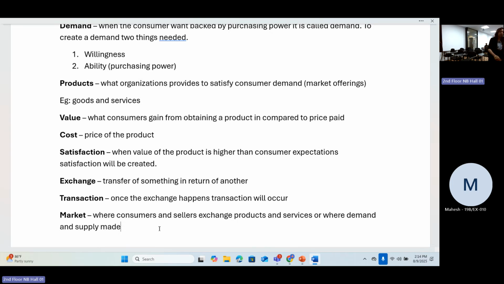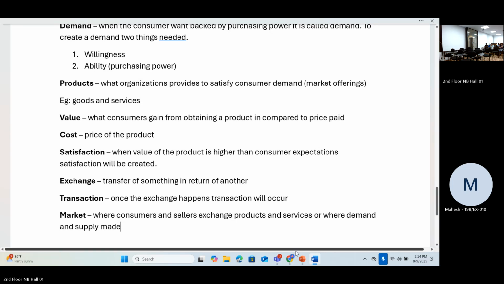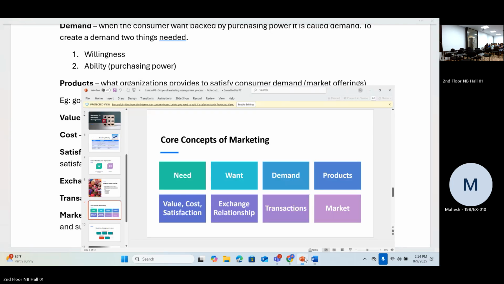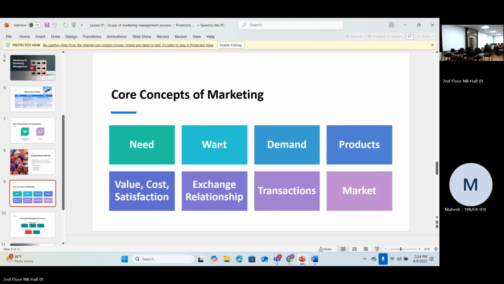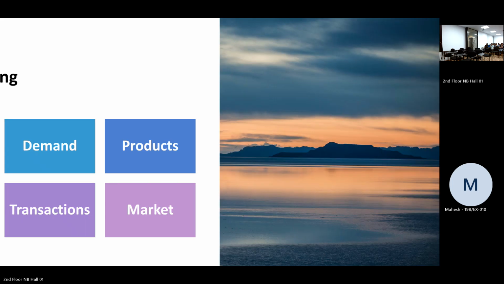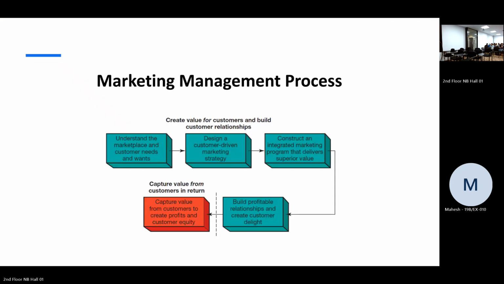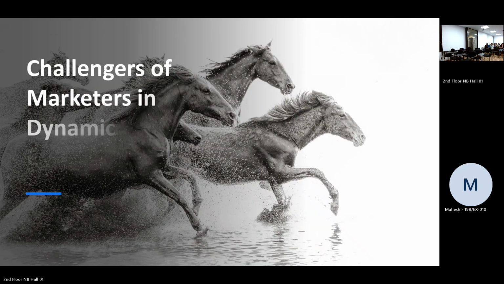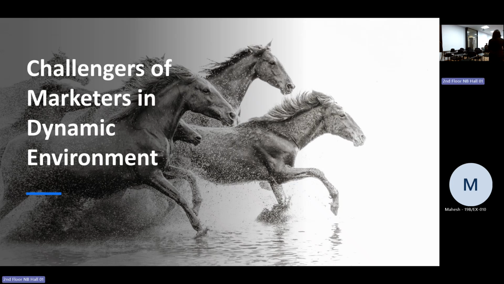I will show you the question. This one. So simply find out what challenges the marketers or the marketing department face in the current business environment.